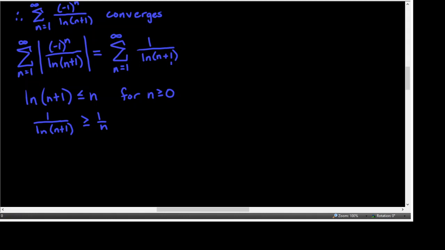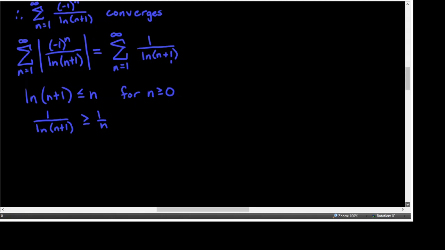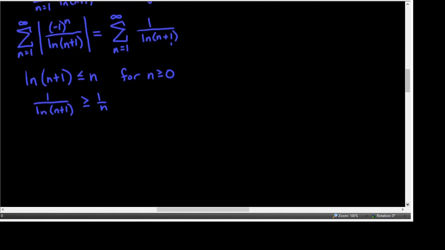Okay, so that 1 over n is a series that I'm familiar with. Harmonic series is what? Always. It's divergent. It diverges.